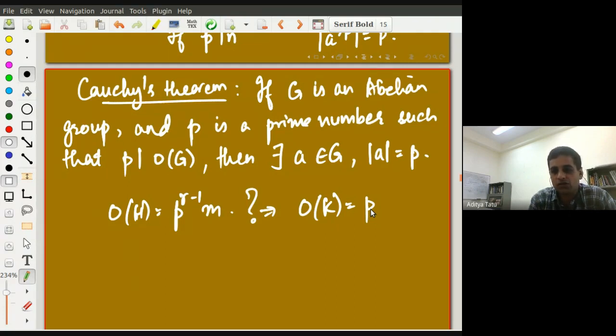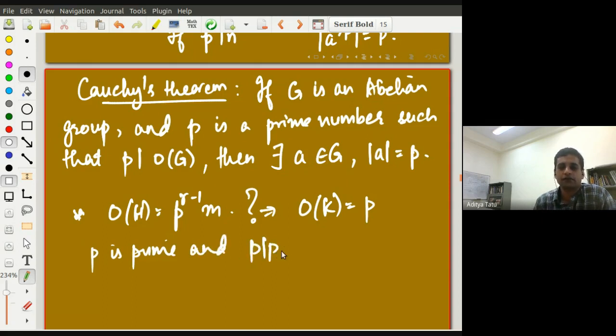See, K is also a group. P is a prime number that divides the order of K. What does Cauchy's theorem guarantee then?